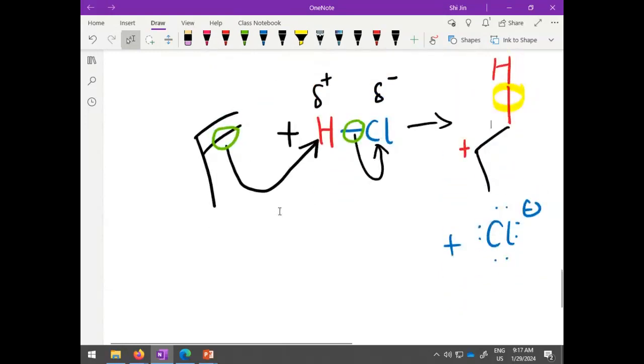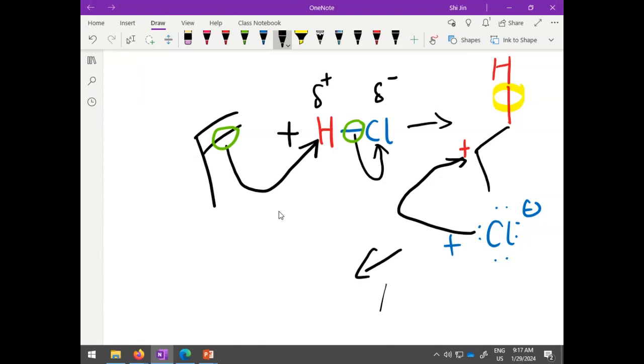Then the next step. What you see is this long tail. The chloride has a negative charge, the carbocation has a positive charge. The chloride has a negative charge around it, and the carbocation has a positive central carbon. So the positively charged central carbon will attract the attack of the negatively charged chloride to give you the product.